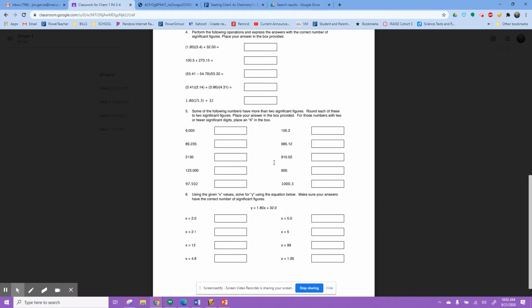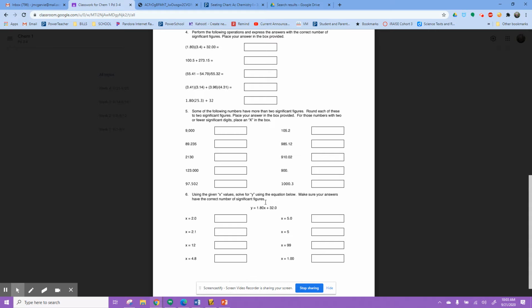Number 5 is where you round. You are rounding them each to 2 sig digs, but if it already has 2 or fewer sig digs, you put an X in the box. And then 6 is giving you a value for X and you find Y. There's some multiplying and then you add 32.